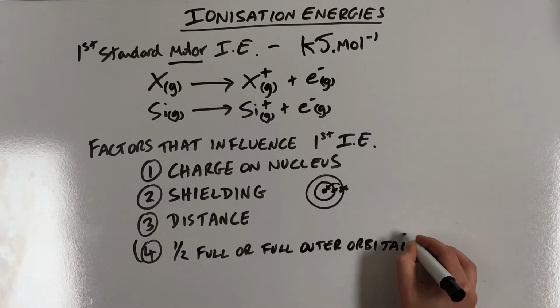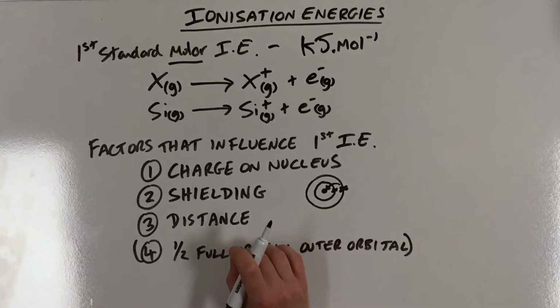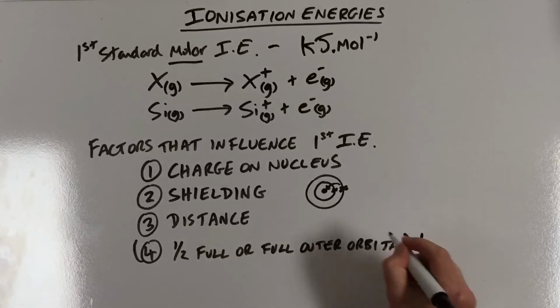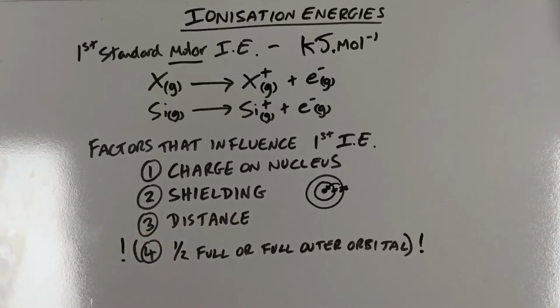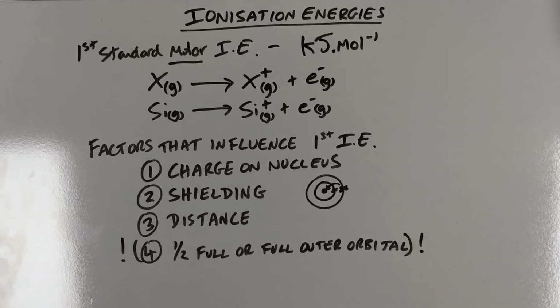As we said in a previous video, when we looked at electronic structure, they are more stable when they have a half full or full outer orbital. These only play a part in 4 exceptions that you need to know about. So you should never reference this if these 3 can explain the difference between 2 ionization energies in terms of elements.